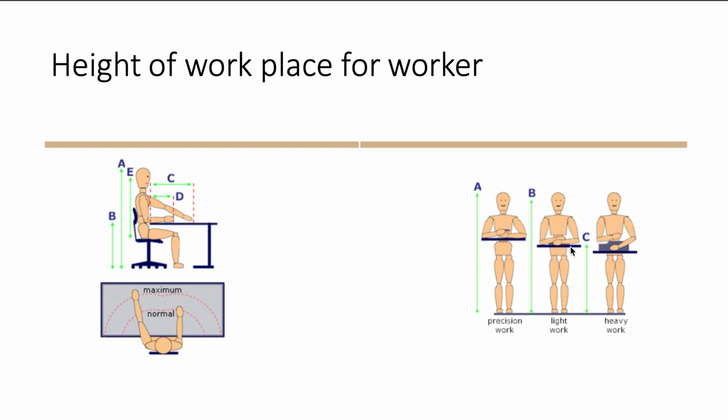For light work, just below the elbow, and for heavy work, we have to put the height of the workstation or table equal to our pelvic girdle.